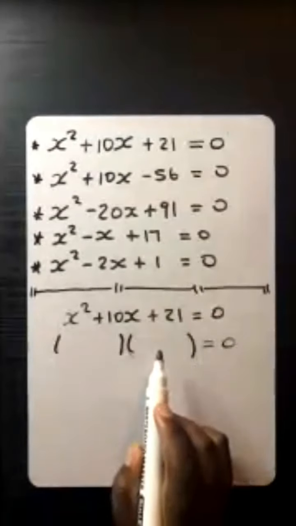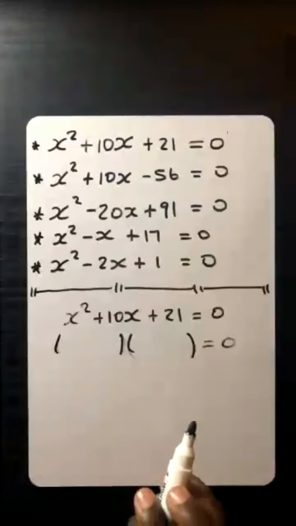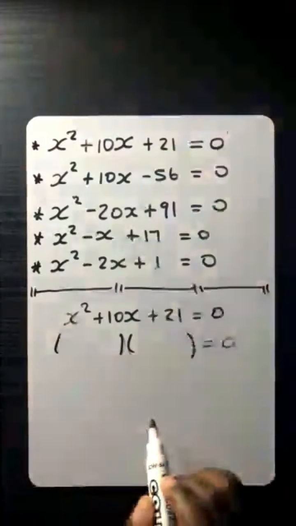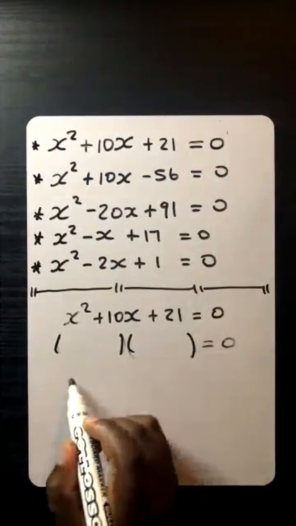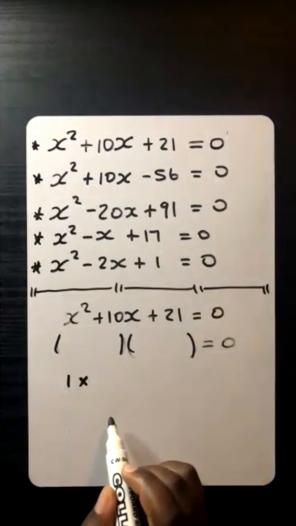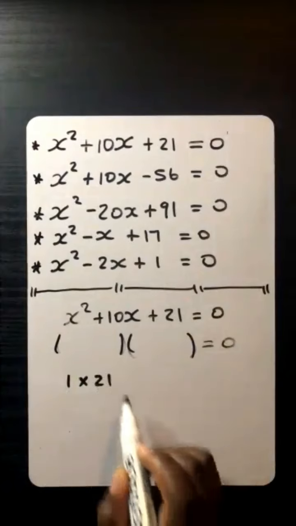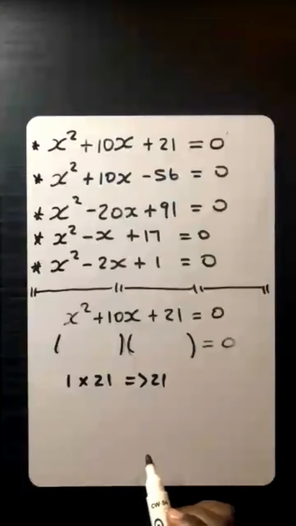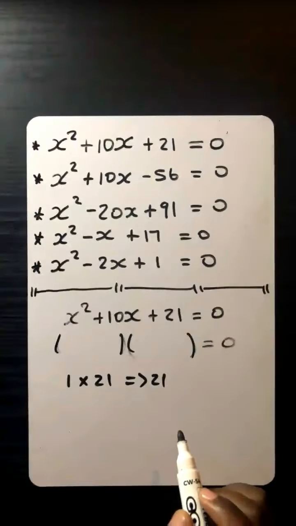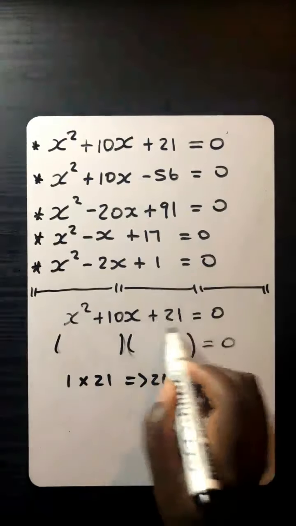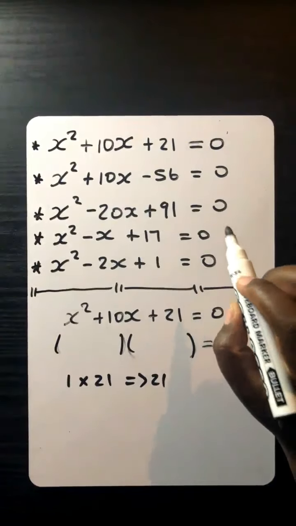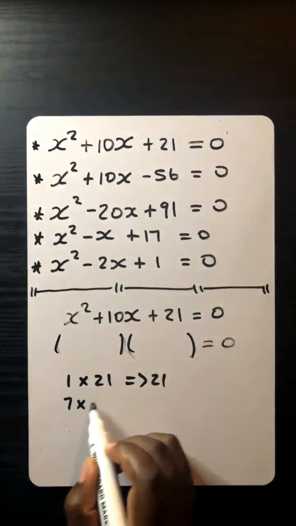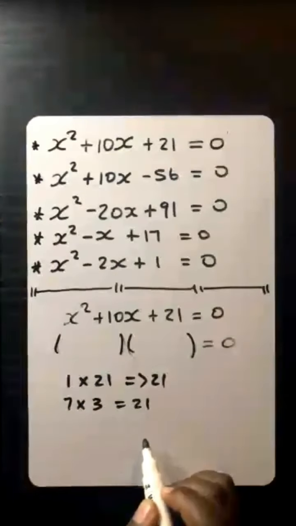Okay. So, guide me on this one, Shreyas. Which two numbers, when multiplied together, will give us 21? Obviously, we know 1 multiplied by 21 will give us 21. Then, which other two numbers, when multiplied together, will give us 21? 7 times 3. 100%. 7 multiplied by 3 will give us 21.